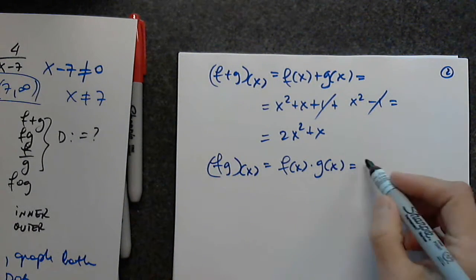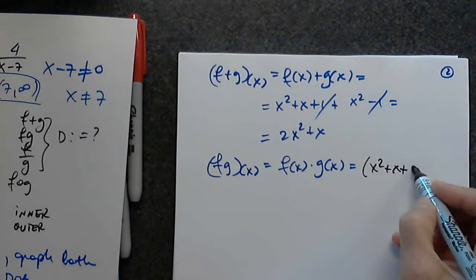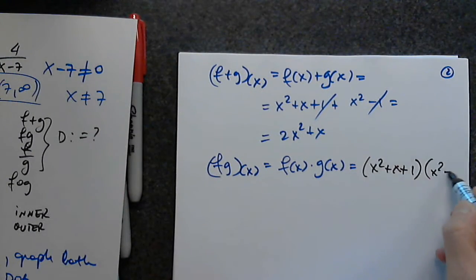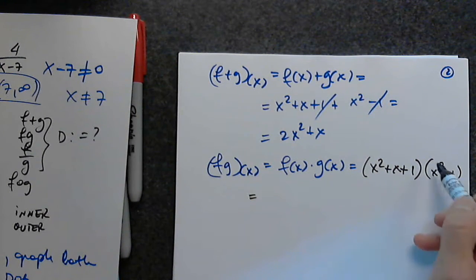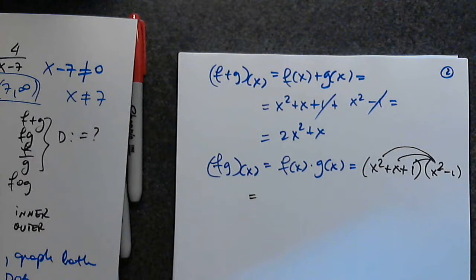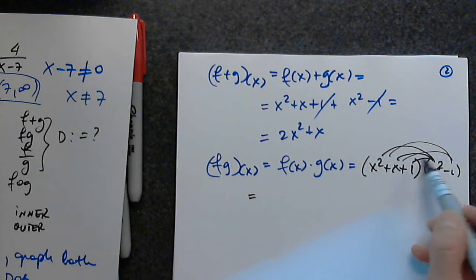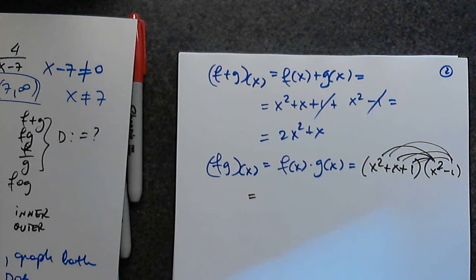I replace f of x, and this is x squared plus x plus 1. I replace x squared minus 1, and I distribute using the distributive law. I prefer distributing from the small one, but it doesn't matter. You'll still get 6 terms no matter what.